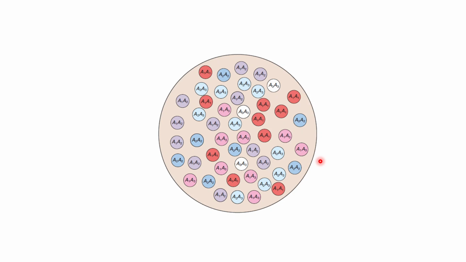The second condition is no mutations. There should be no mutations at all, and that is why the frequency of the dominant and recessive should not change over time.